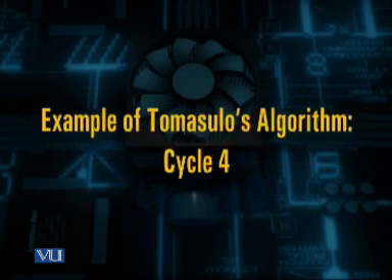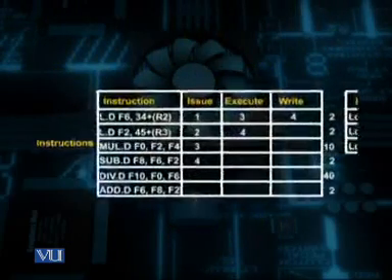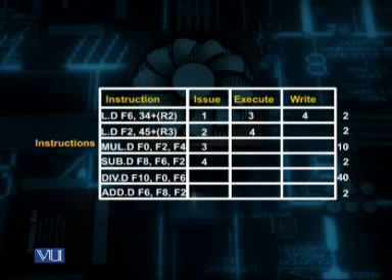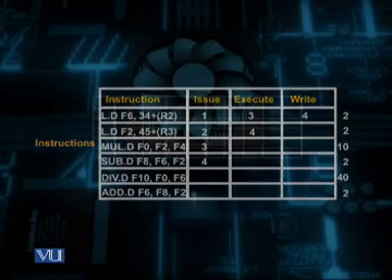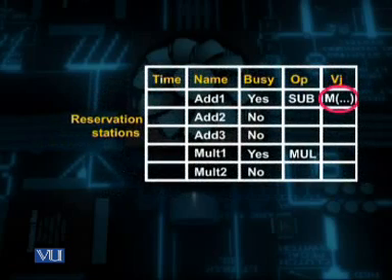In the fourth clock cycle, the first instruction writes its result in register F6. The second instruction has completed its execution, whereas the third instruction is in the execution phase, but has not yet completed. The subtract instruction has been issued. Here you can see that add 1 is shown busy.